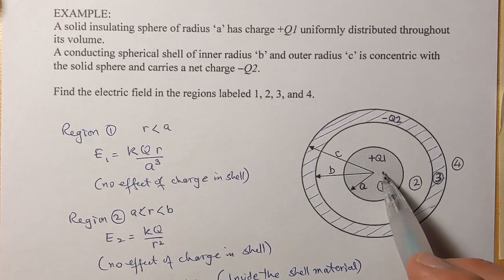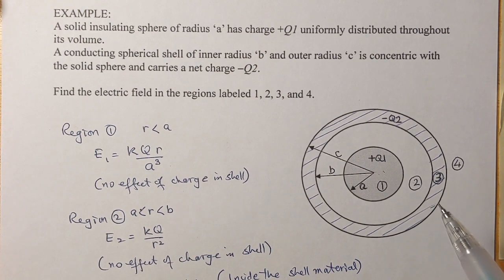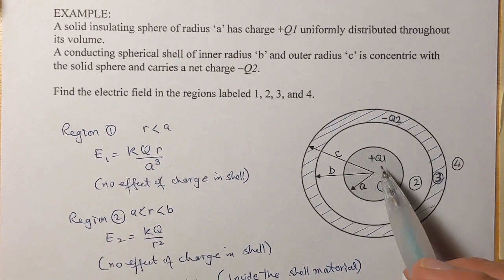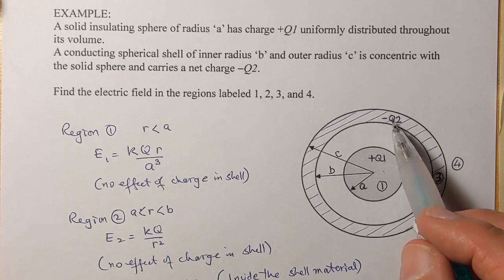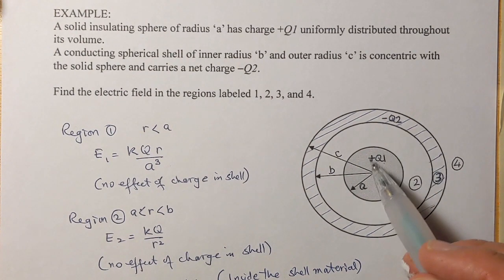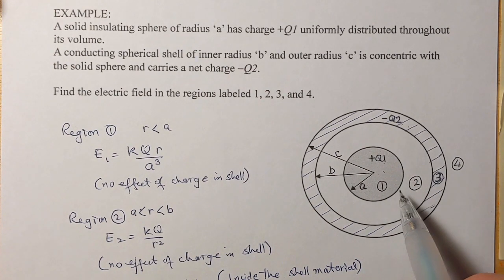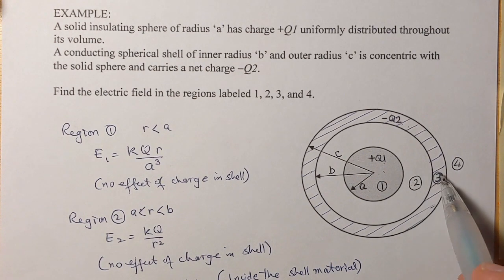So they both have the same center. And the charge on the outer one is minus q2. So this has a plus q1 charge, this is a minus q2 charge. So whatever is q1, this is double of that, and it's negative. And we want to find the electric field inside this region, in this region, inside the metal, and outside.